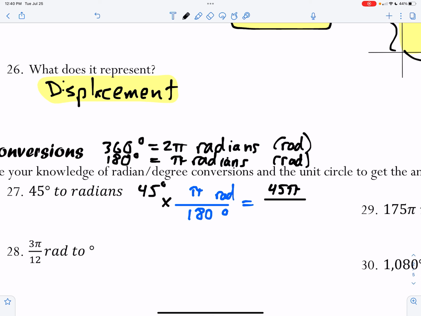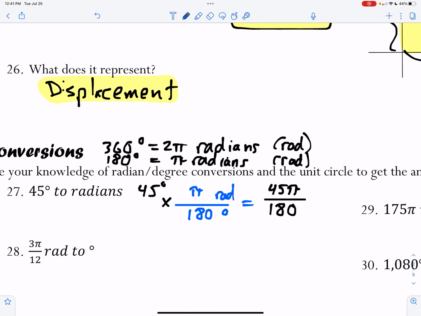Radians is not really an official unit, nor is degrees, so we're kind of treating them like pseudo units, just for canceling and changing purposes. So anyway, it's 45 pi over 180. Now at this point, what you're going to do is you're going to reduce this. So now if you were to divide them, 180 divided by 45 actually gives you 4. 45 goes into 180 4 times.